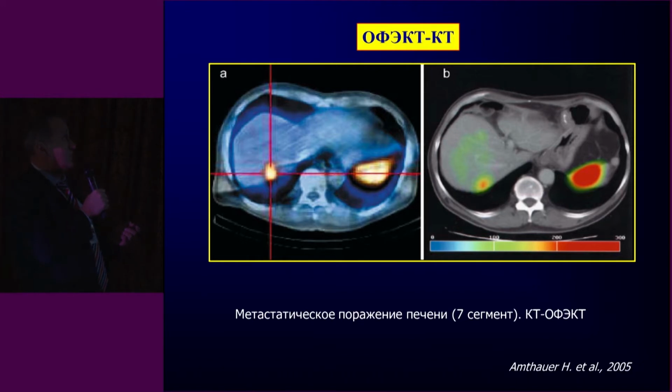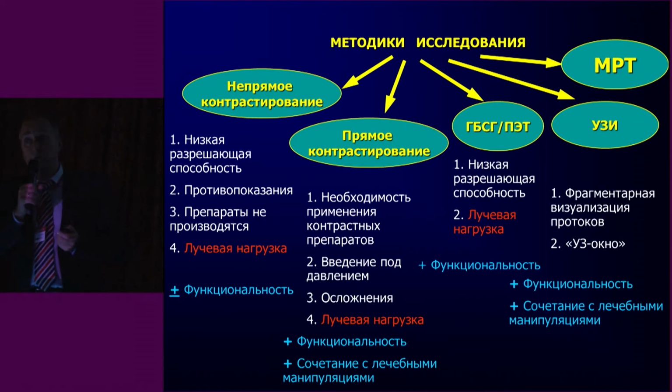Like in this case, we use SPECT, which is actually the isotope diagnostic method, and CT. When they're combined into the CT SPECT method, we can say that it's not only a seventh liver segment, but we can clearly see that it's a liver metastasis. But it's very important.